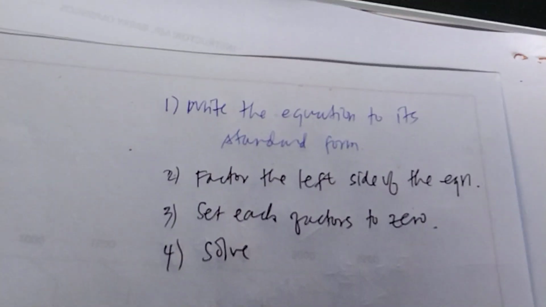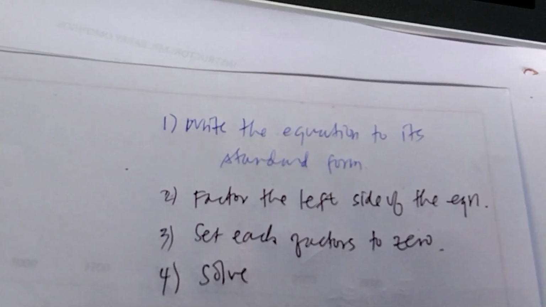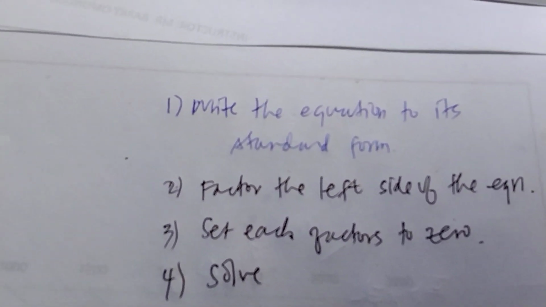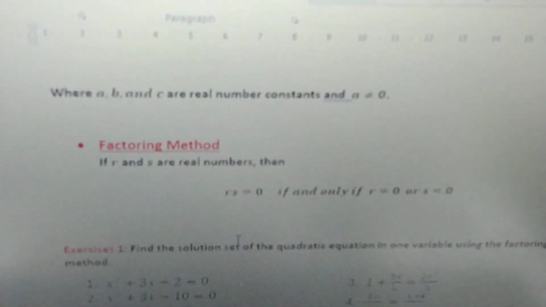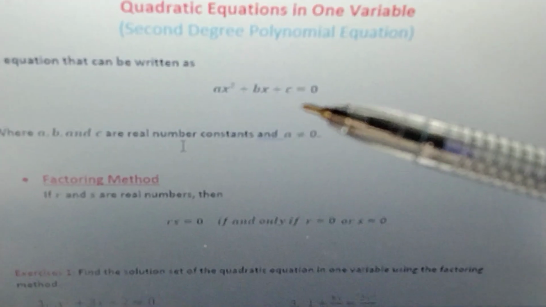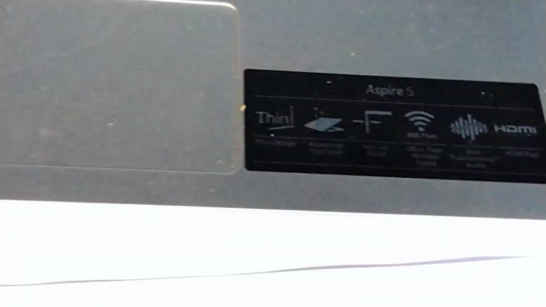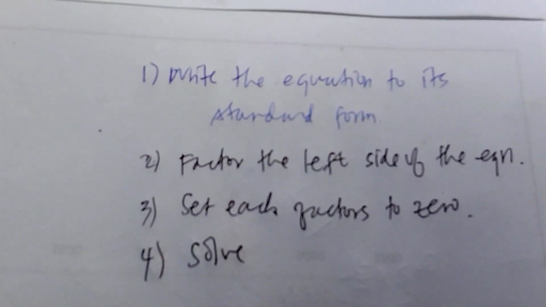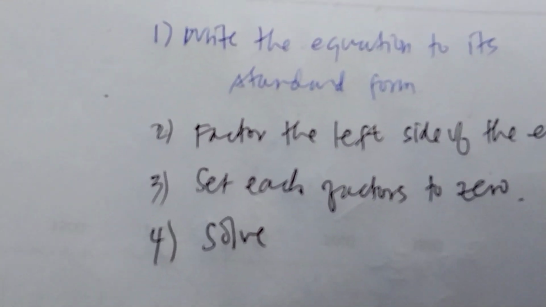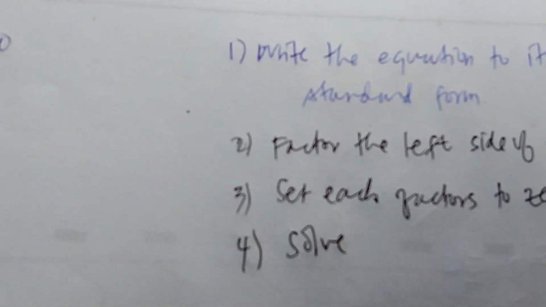Those are the steps. Write the equation in its standard form, meaning to say, 0 on the right side of the equation. Then, number 2, factor the left side of the equation. 3, set each factor to 0. Then 4, solve.